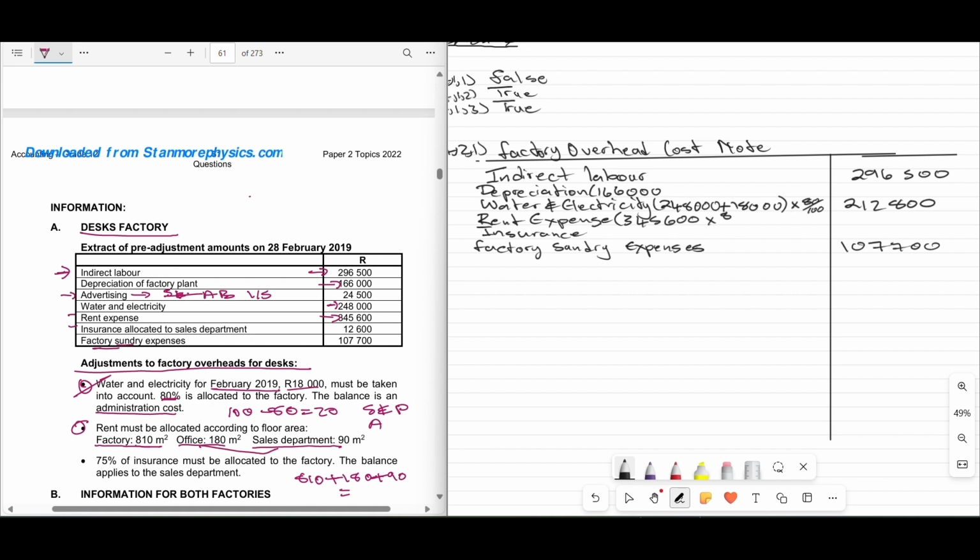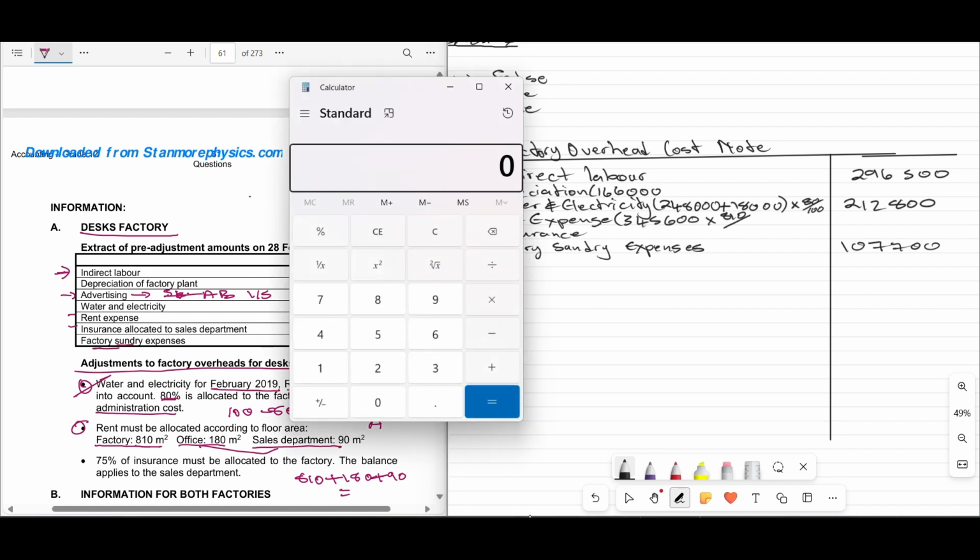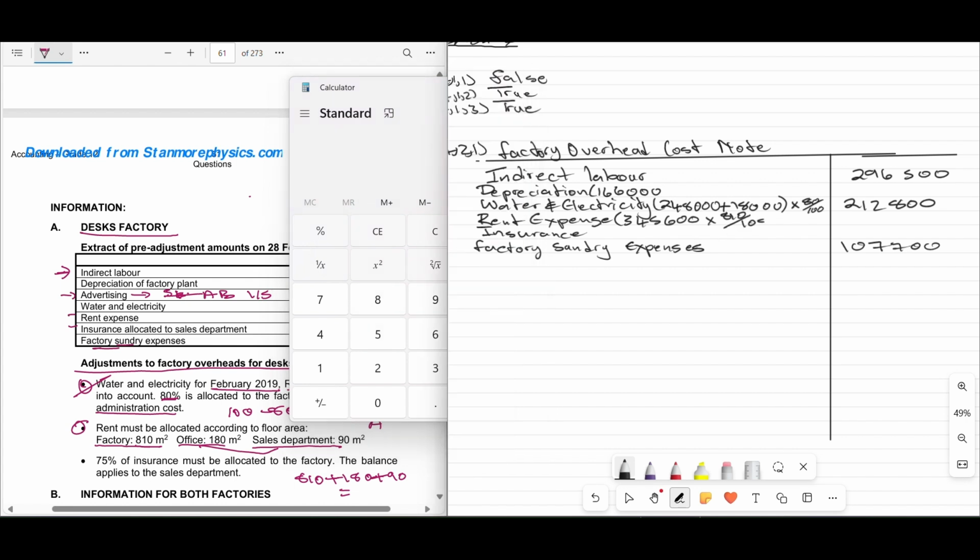So just write 810, then the total of this. Don't write square meters, confusing yourself. So it's 810 plus 180 plus 90. We're going to get 1,080.